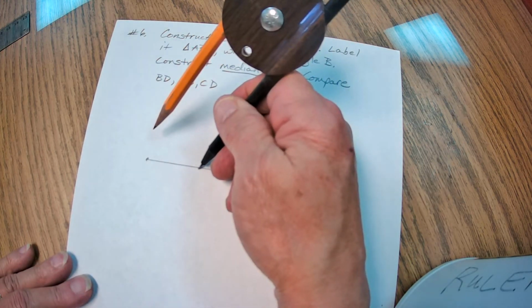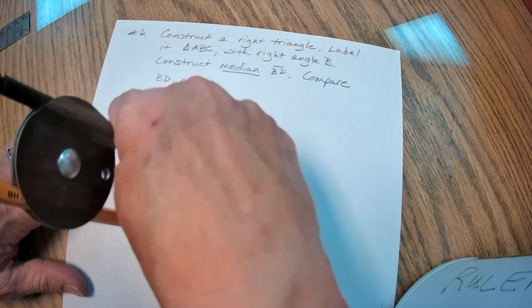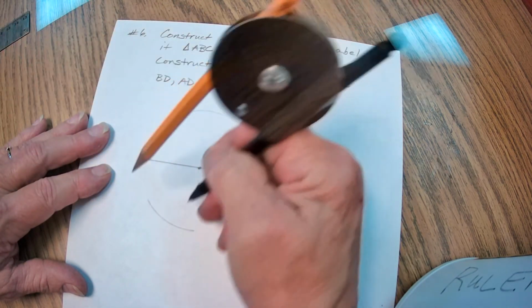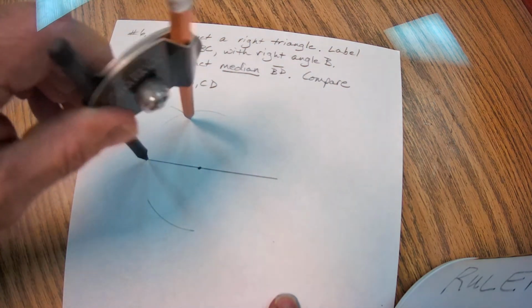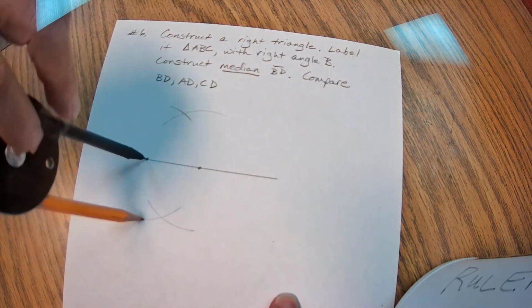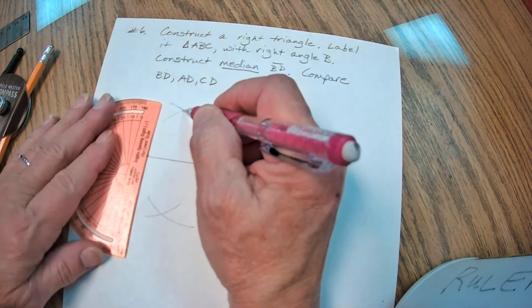So my opening needs to be more than halfway, and it is. I'm going to construct a 90-degree angle, swing an arc above and below the line. Do the same thing here. Connect those intersections.